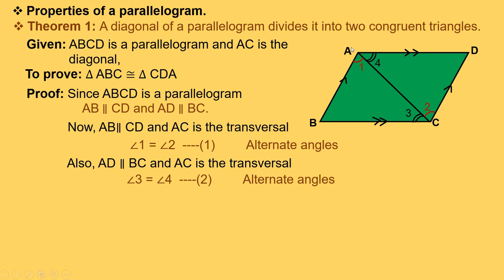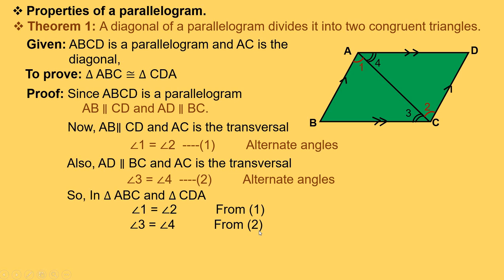So, in triangle ABC and triangle CDA, angle 1 is equal to angle 2 from equation 1. Angle 3 is equal to angle 4 from equation 2. And AC is equal to CA, which is common in both the triangles.